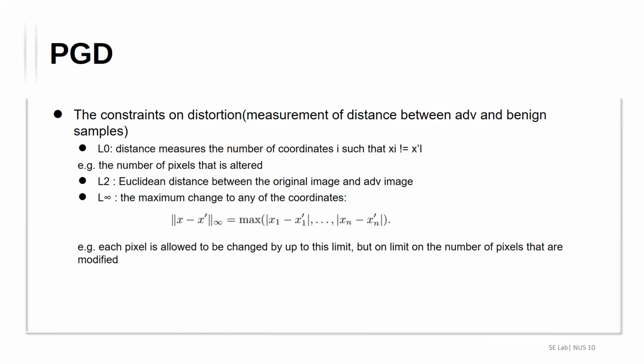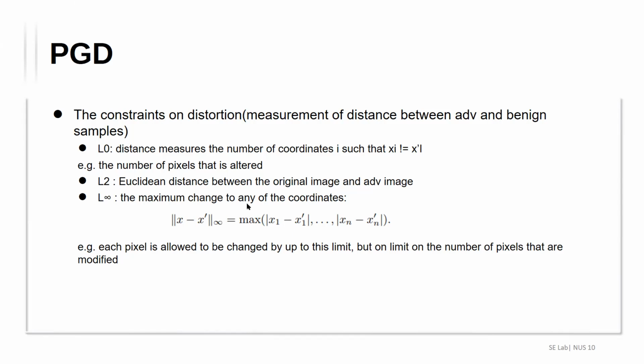That just means when you have a benign sample and an adversarial sample, this distance calculates how many pixels are altered. The L2 distance is just Euclidean distance. And L infinity means the maximum change to any of the coordinates, so the maximum value of the difference between each pixel.